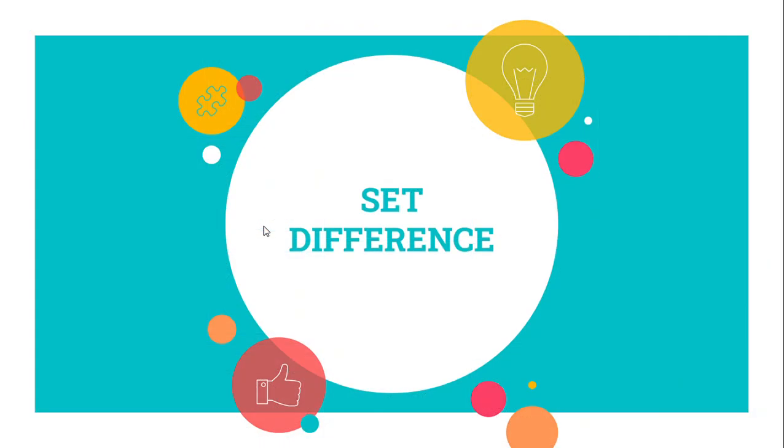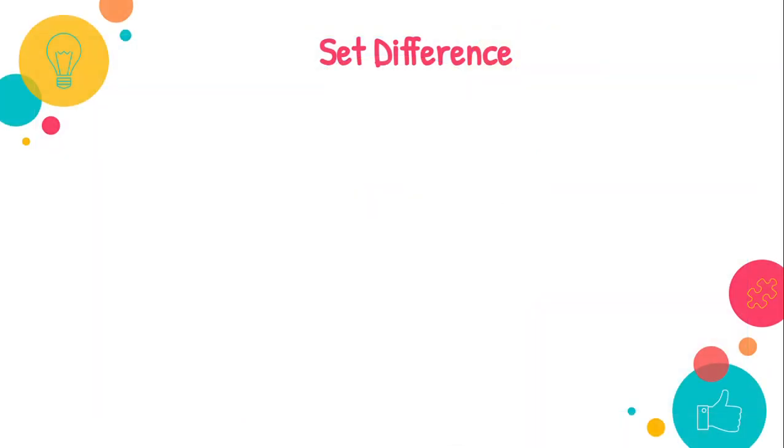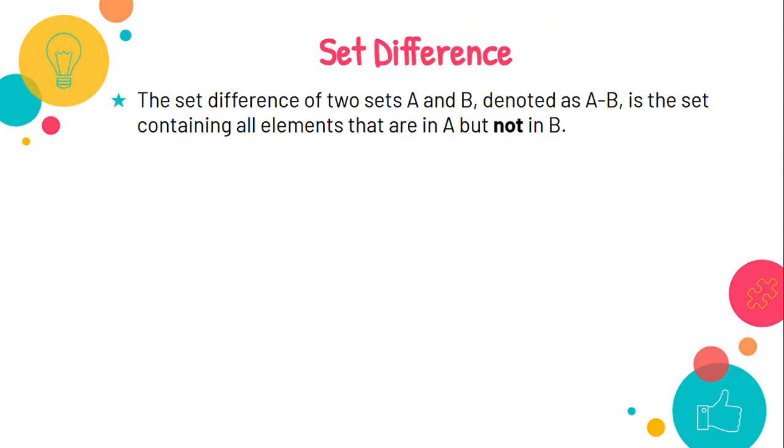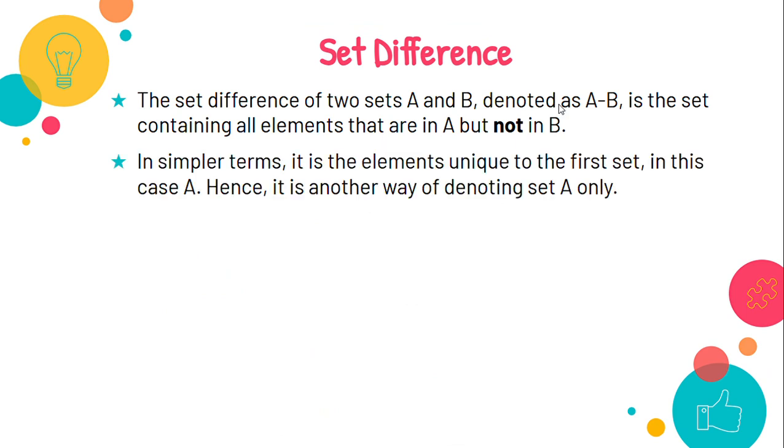Now, the last thing that you need to learn in this lesson is set difference. Now, set difference, the difference of two sets A and B is denoted as A minus B, and it's essentially all the elements that are contained in set A but are not in set B. So in simpler terms, it's just the elements that are unique to the first set in the difference.